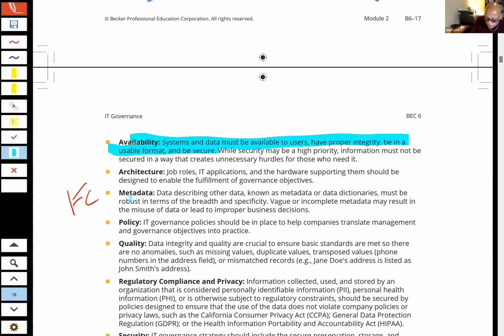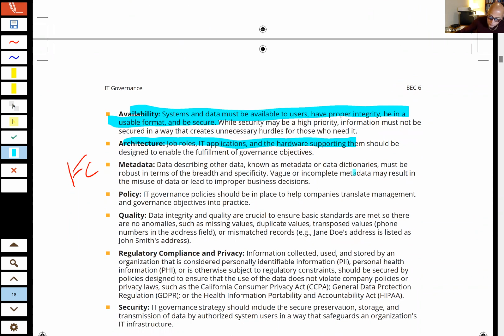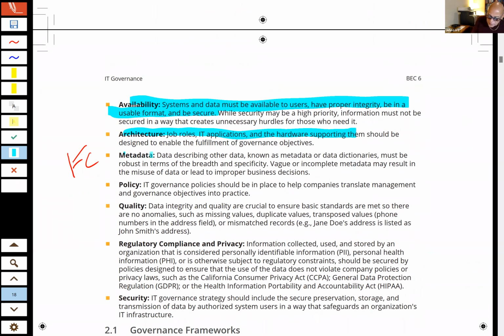We talk about the architecture, which covers the job roles, IT applications, and hardware supporting that software. We talk about metadata, data describing other data, where data dictionaries must be robust for them to be useful.